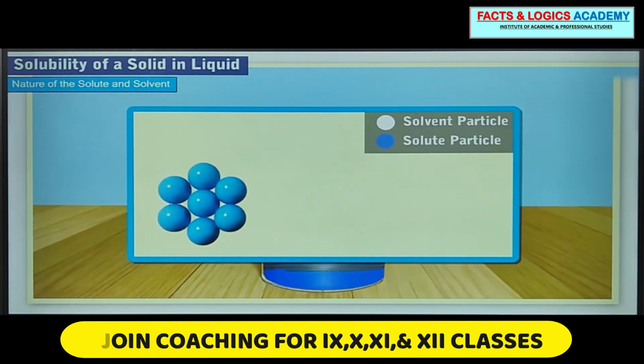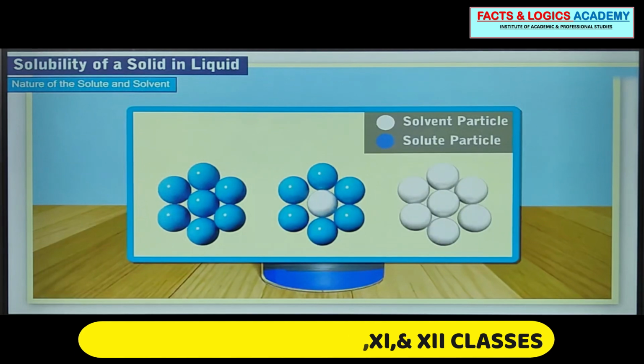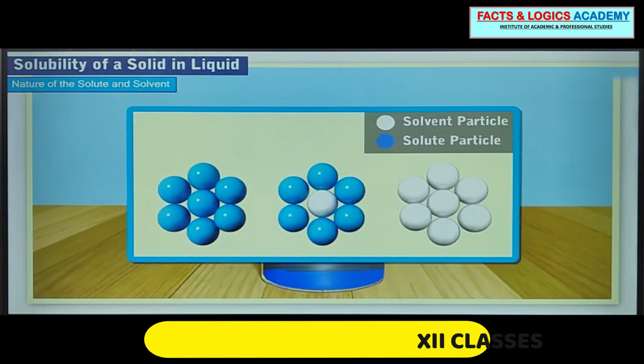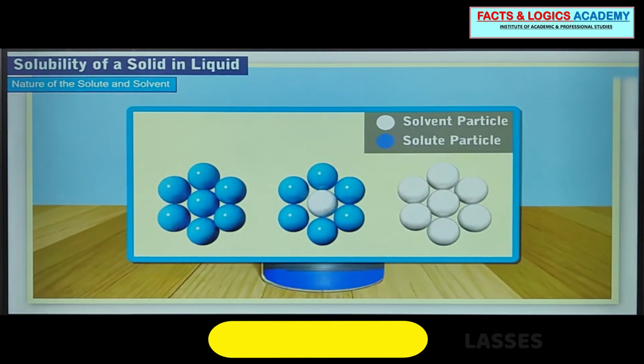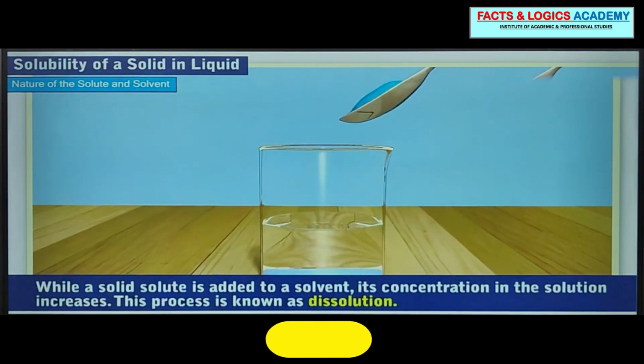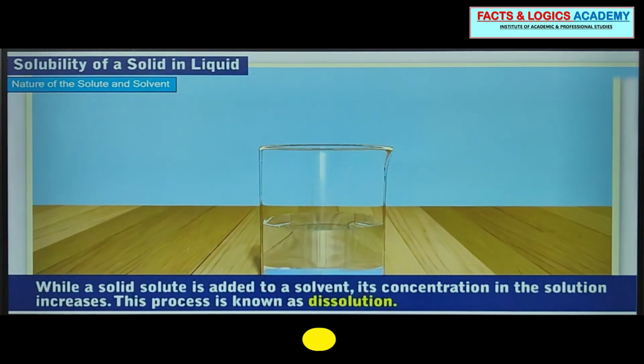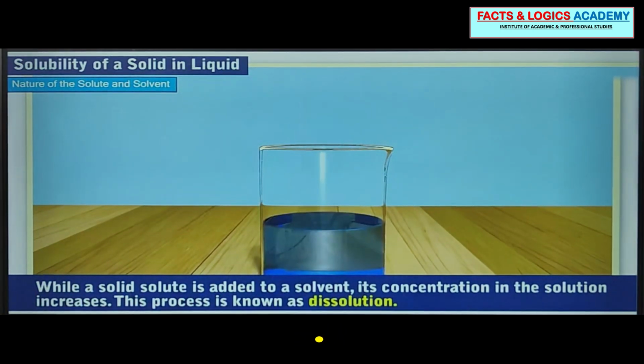The solubility of non-polar solutes is the result of similar solute-solute, solute-solvent, and solvent-solvent interactions. While a solid solute is added to a solvent, its concentration in the solution increases. This process is known as dissolution.